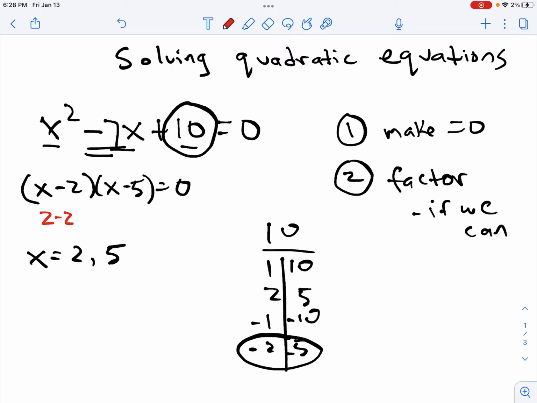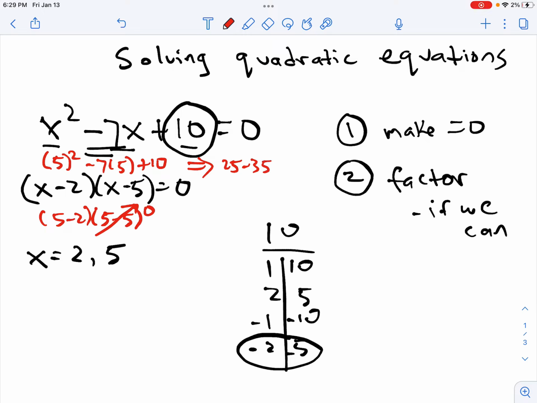Or if I was to plug in 5, 5 minus 2 is something, but the one we care about is 5 minus 5, which is 0, and we'll make everything 0. We can also plug these into the top equation, and it's also going to work. 5 squared minus 7 times 5 plus 10 is the same thing as 25 minus 35 plus 10, which is equal to 0.